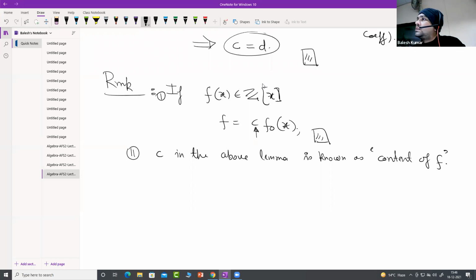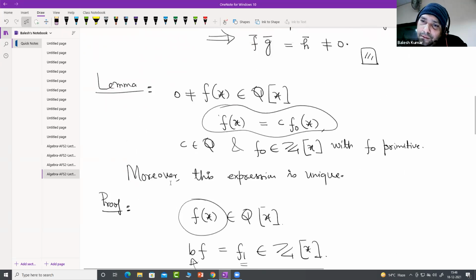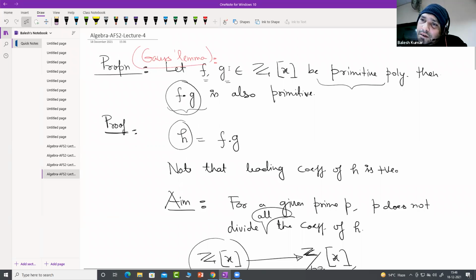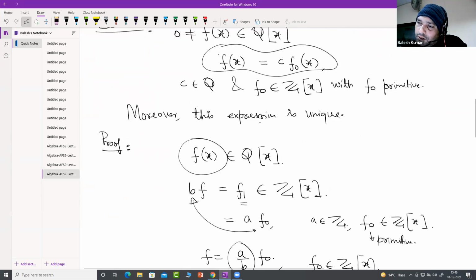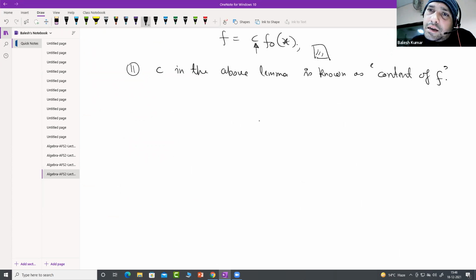Let us try to see certain applications of these two: the Gauss lemma and this particular lemma. We will refer to this lemma simply as the lemma, and wherever we are using the Gauss lemma, we will write it as the Gauss lemma. So let us start with certain important results in this direction.